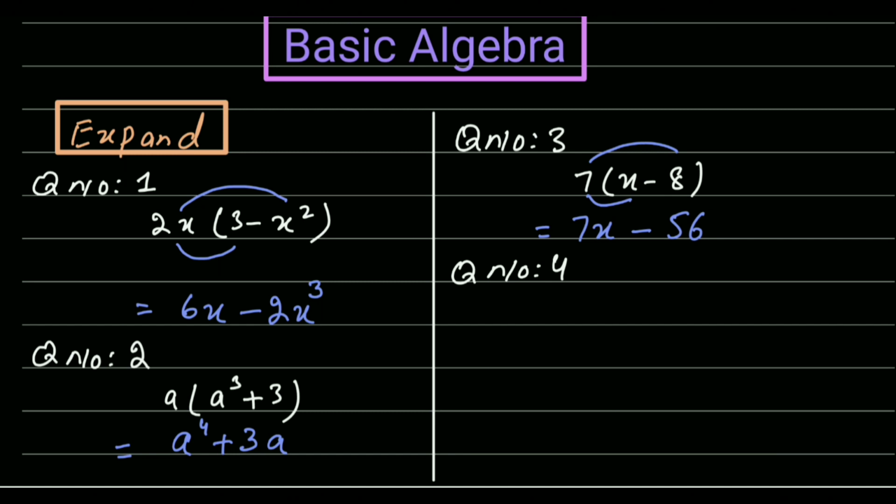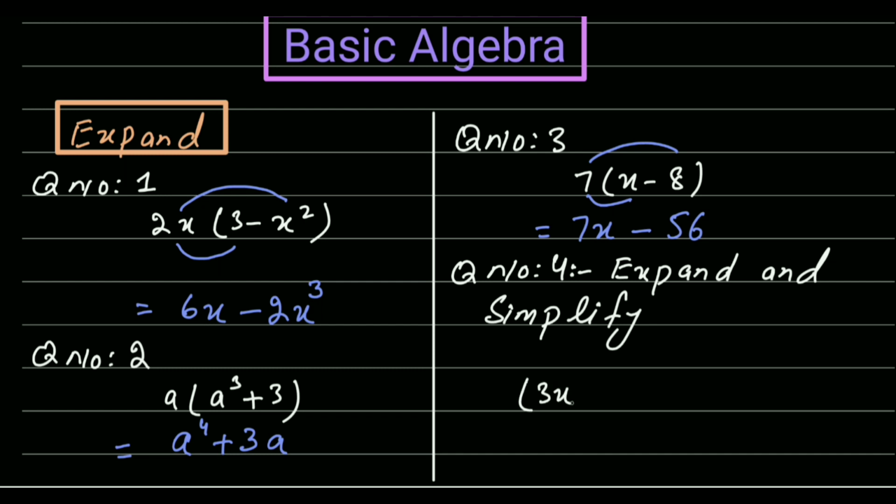Now we will do some difficult questions. The question is: expand and simplify (3x minus 7) into (2x plus 9).